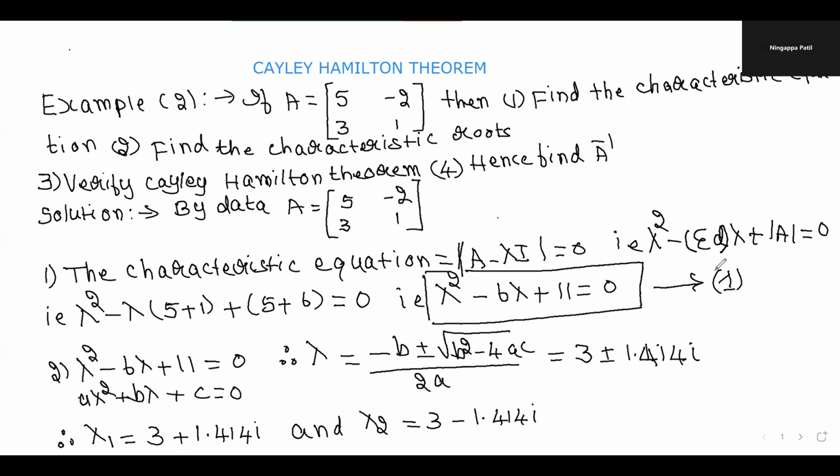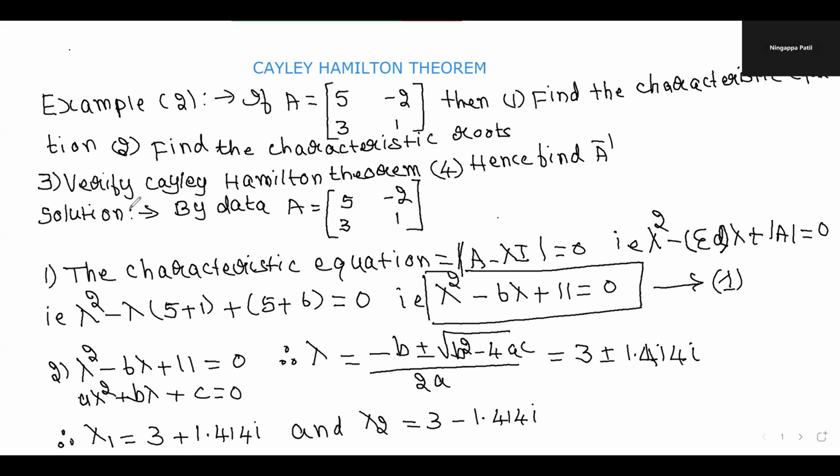And the determinant of A is 5 into 1, 5, minus minus 2 into 3, plus 6. 5 plus 6, equal to 0. And you are getting lambda square minus 6 lambda plus 11 equal to 0. This is the characteristic equation.